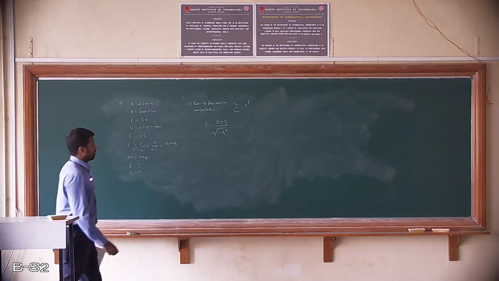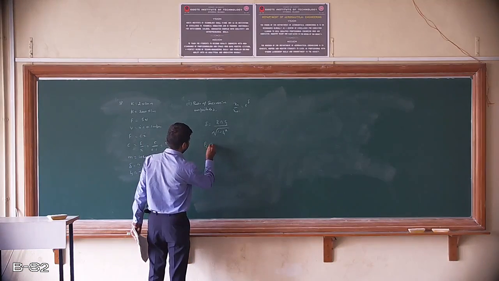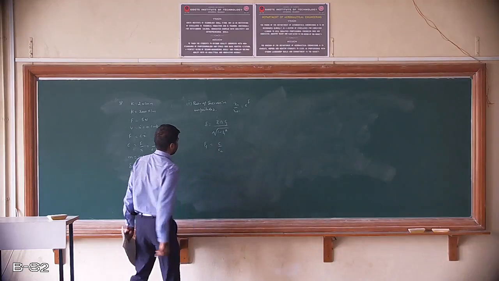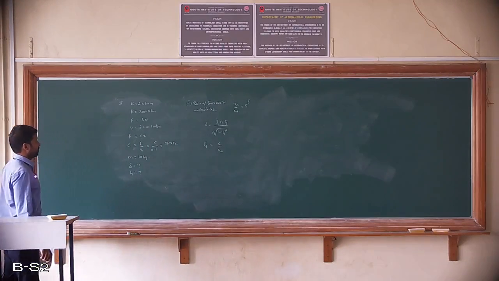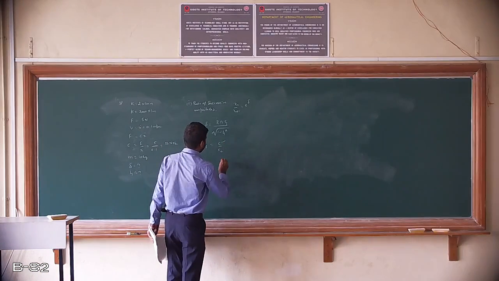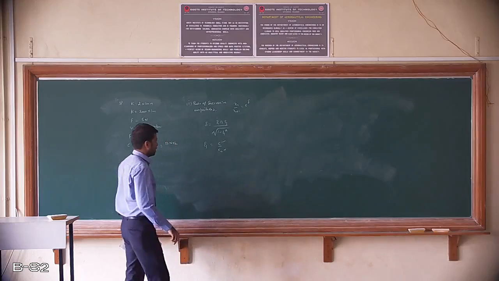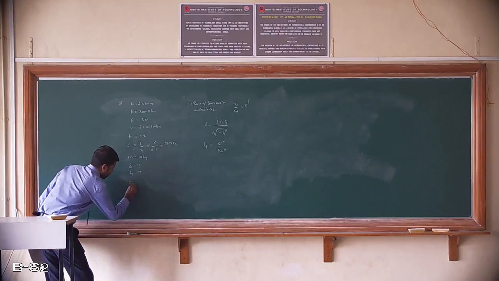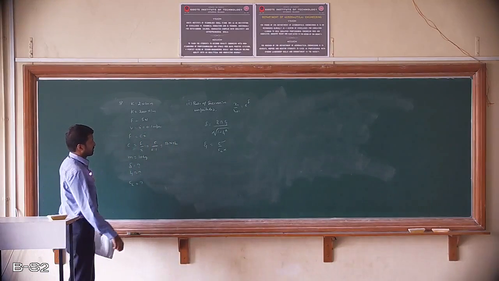The value of zeta can be found out by the equation C by Cc, but in the problem statement only the C value is given, the Cc value is not given. So we need to find out the value of Cc also.